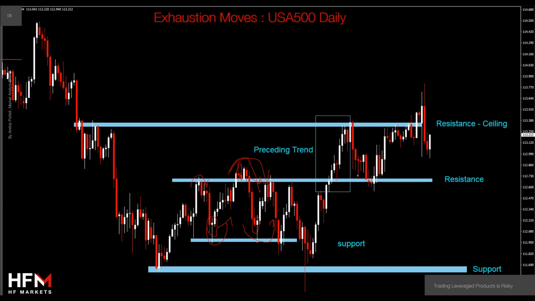Breakout at resistance followed by further bullish candles means further upward trend. Do we have a breakout of support? No, we don't have in this case, but breakout of support followed by more bearish candles implies a potential short position.